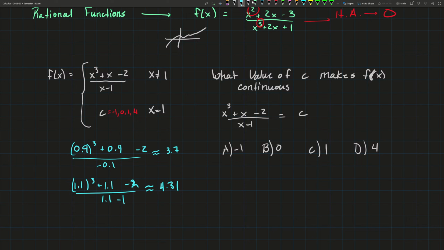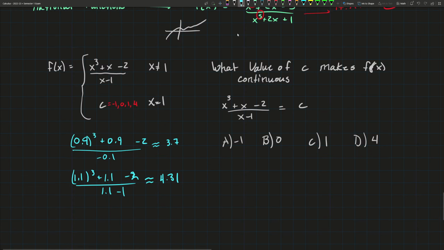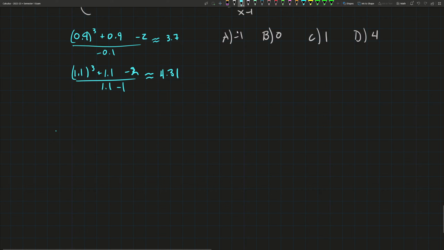On a test where we have to cover a whole bunch of stuff, I wouldn't give that to you. What I would give you is something where the piecewise function is like 2 lines.